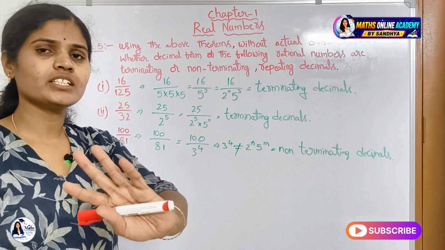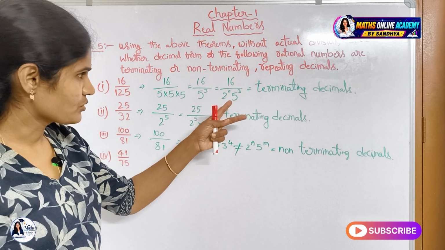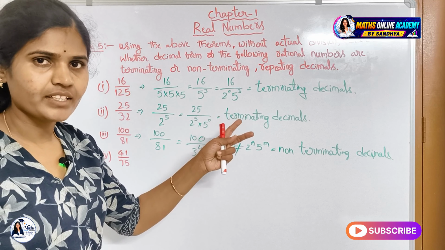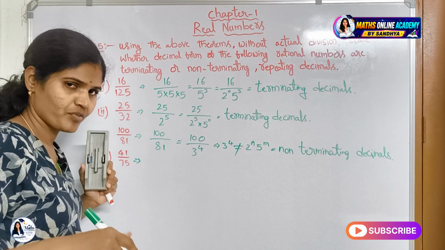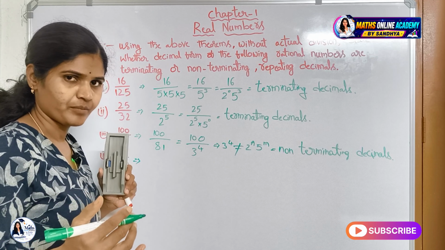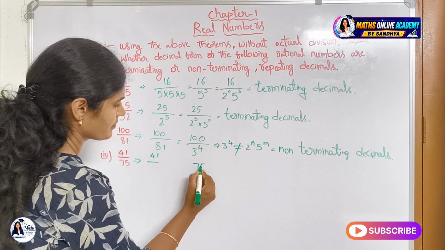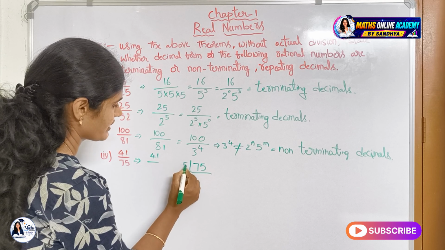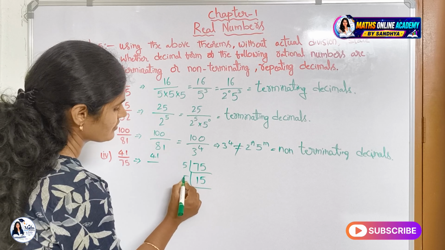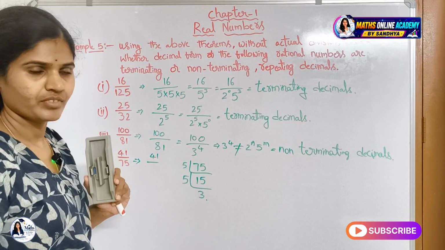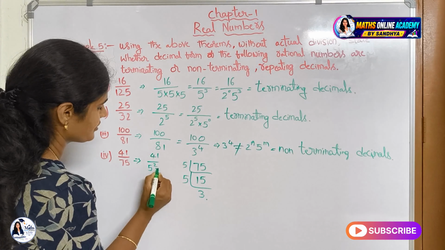Here we are checking only the q form. What is the form of q? Is it in the form of 2 power n and 5 power m? Next, 41 by 75. 75 is 5 into 5 into 3, directly 5 square into 3.